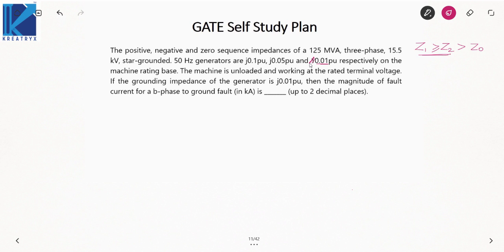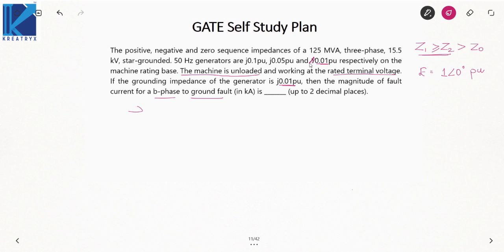The machine is unloaded and working at the rated terminal voltage. Whenever you see this line, you can assume that EMF is 1 angle 0 degree pu. If grounding impedance is j0.01, we need to find the magnitude of fault current for a B phase to ground fault.